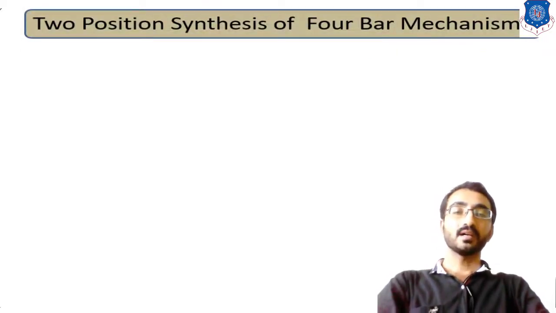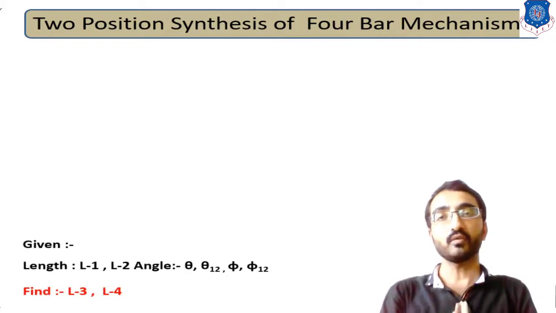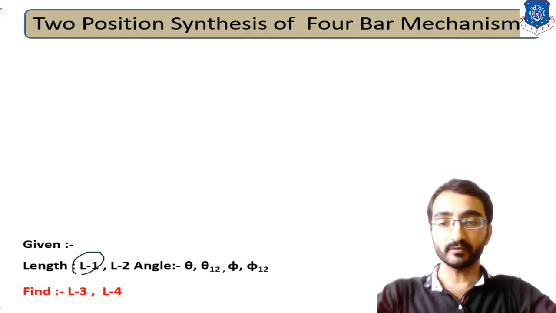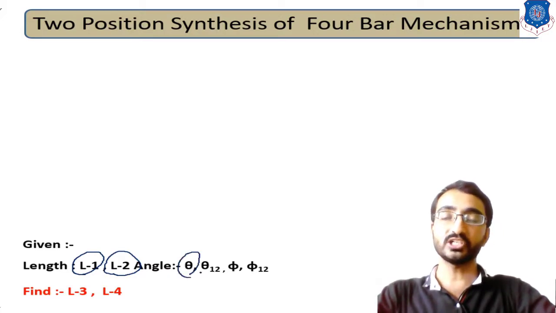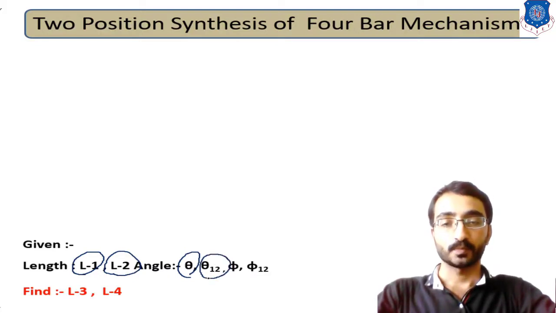Okay, so in this designing procedure we are considering that we have initial data such as the length of the first link, the length of the second link, the input link angle theta, that is the initial position of the input link, or we can say crank, and theta 1 2.